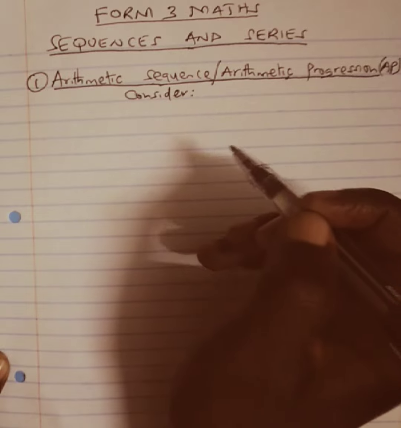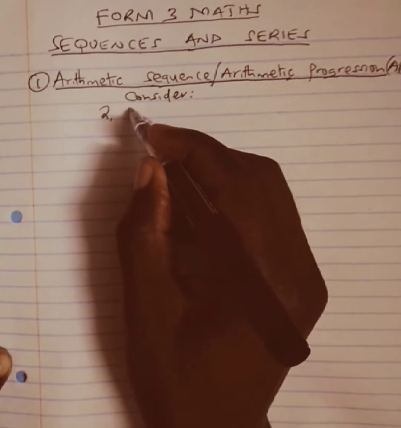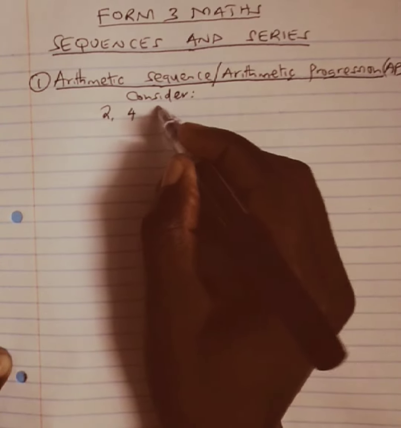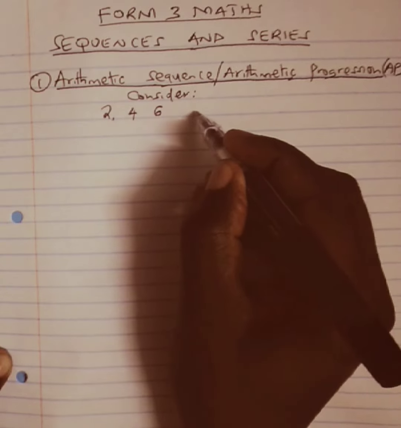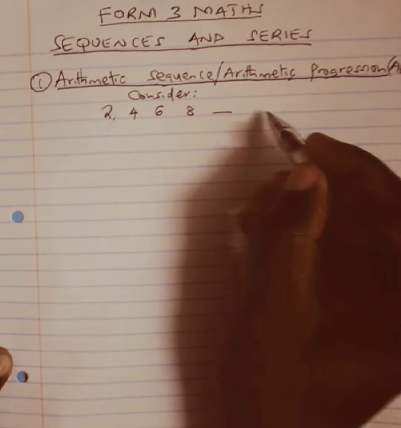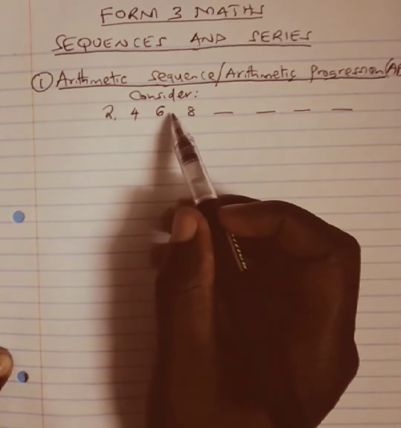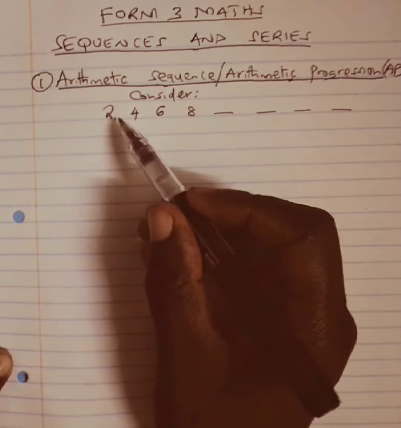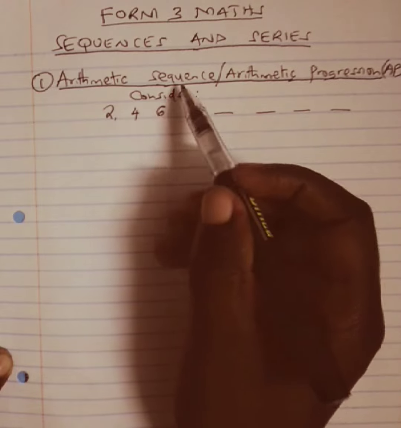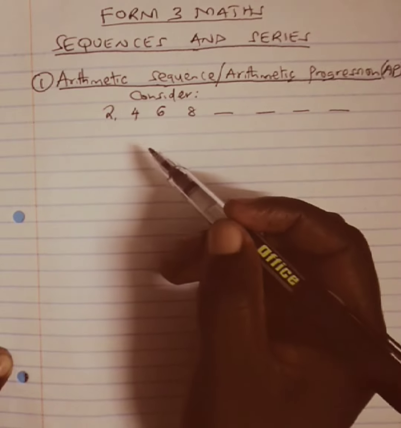the sequence. We have 2, 4, we have 6, 8, and so forth and so on. If you look at this particular pattern, a sequence is a pattern that is created by following a certain order.